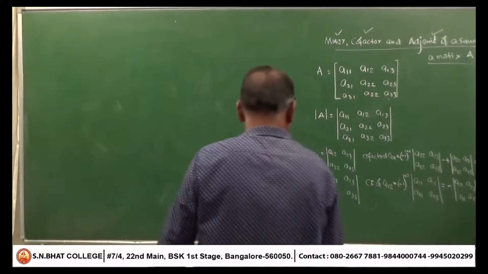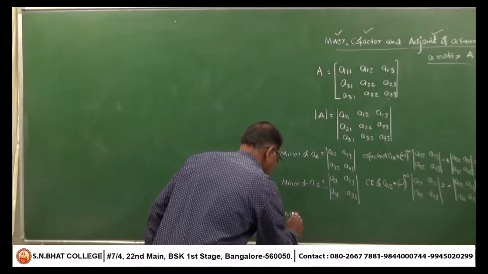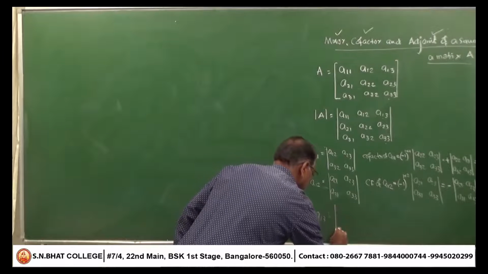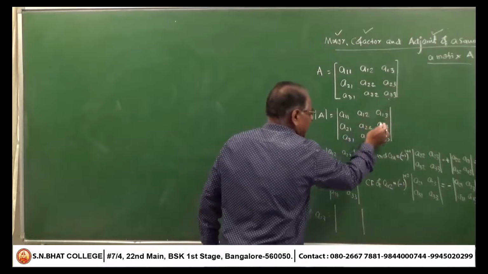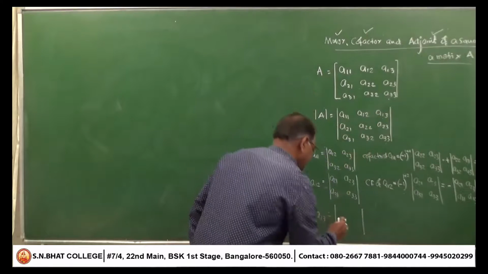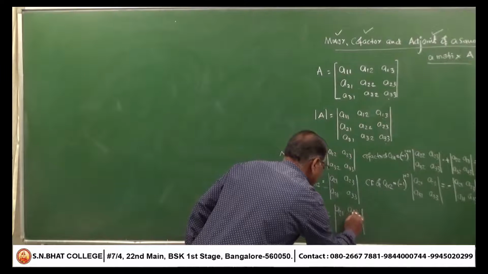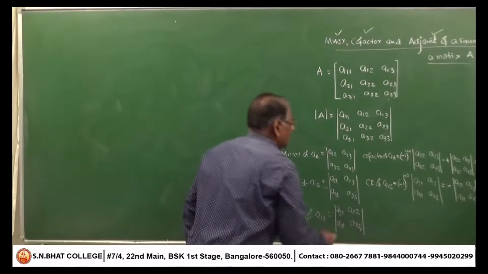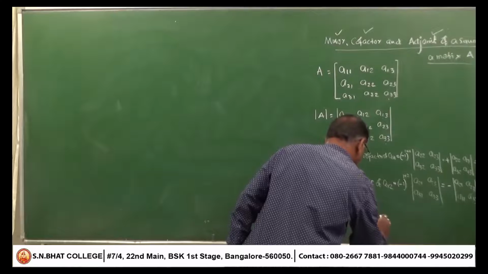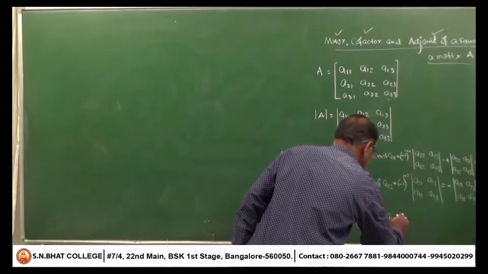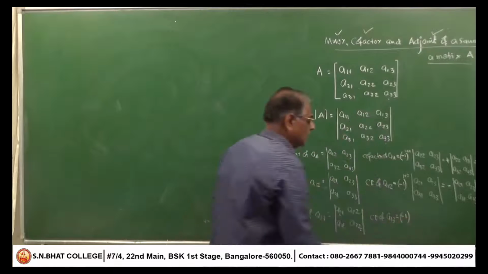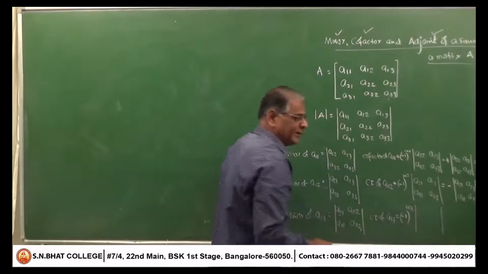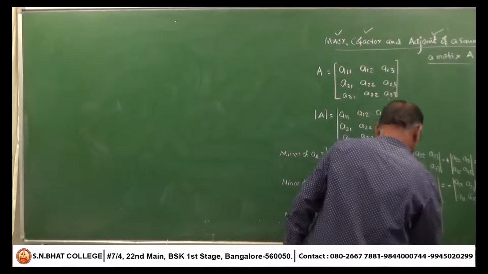Calculate the minor of the third element. Minor of A13, the third element in the first row, is the determinant of A13. Leave this row and this column, and you are left with A21, A22, A31, A32. Then the cofactor of A13 is minus 1 whole power, add the suffixes 1 plus 3. Since the power of minus 1 is even, you get plus.